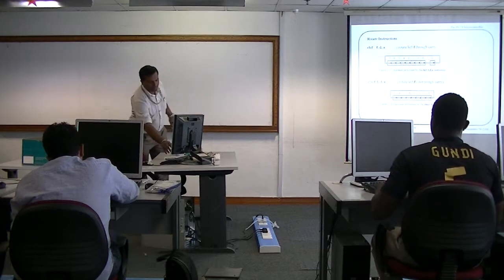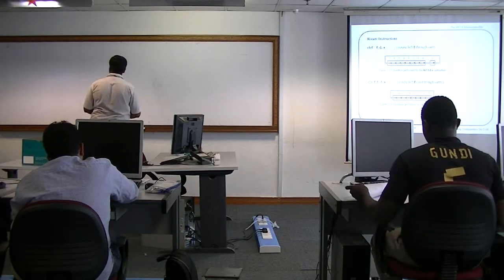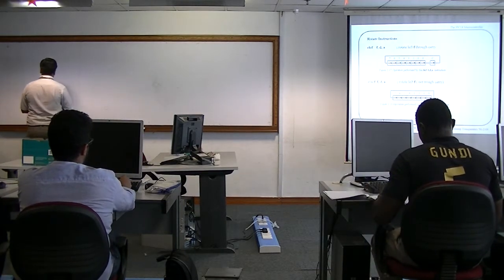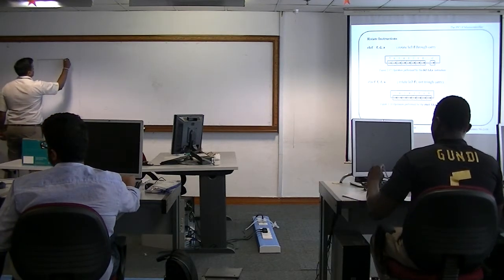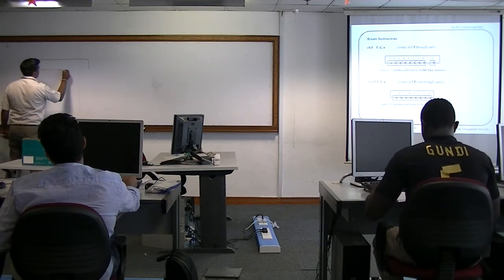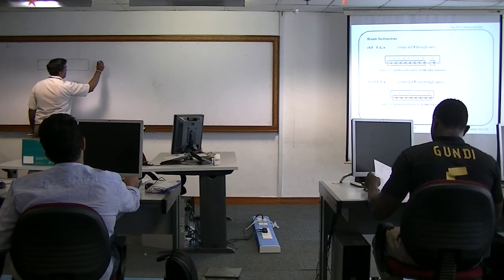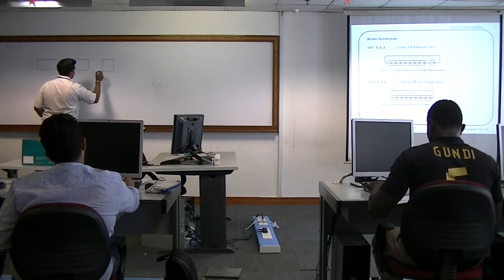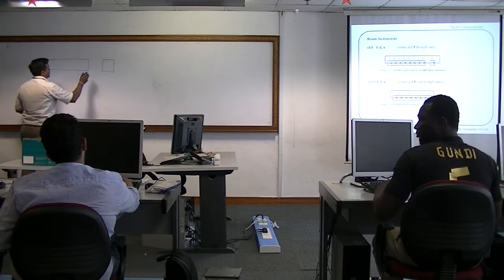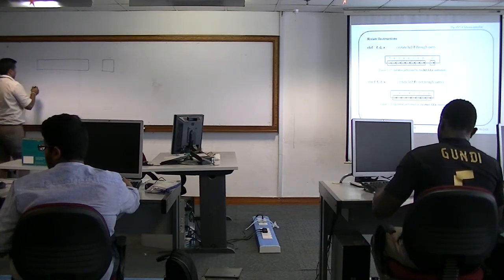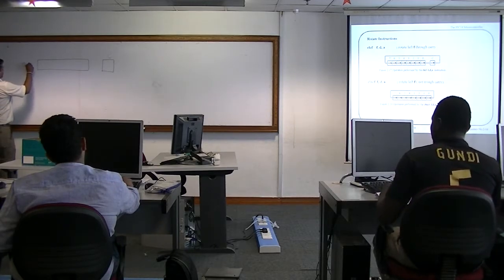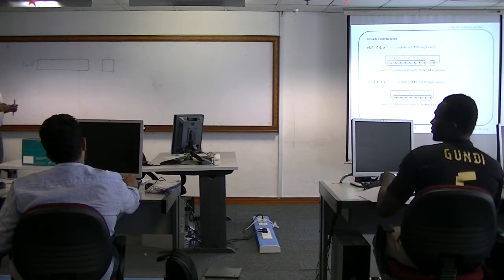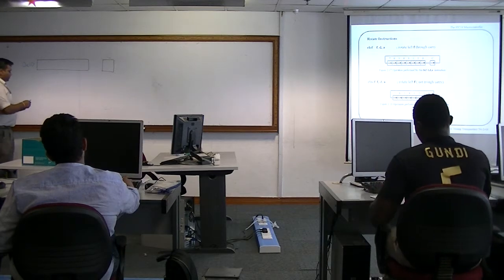So let's say for example, this is a 5 register and you have 8 bits.